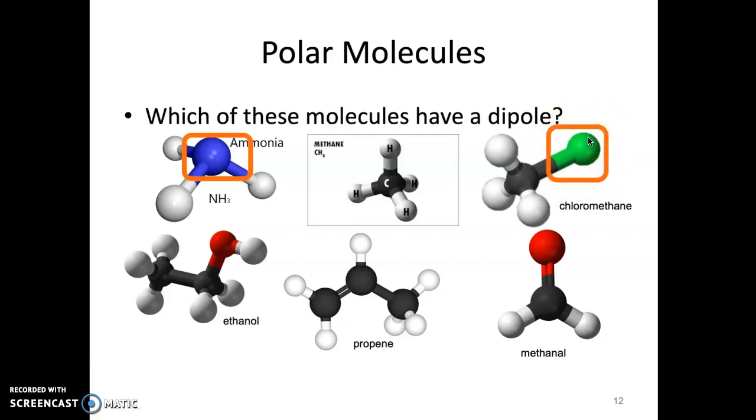Ethanol with an oxygen, dipole. Propene, no oxygen, no nitrogen, no chlorine or fluorine, no dipole. But then methanol right here has an oxygen, so it will have a dipole. So you can kind of see a pattern here. When things have nitrogen, oxygen, or one of the halogens, that causes a dipole. If it's just carbon and hydrogen, no dipole.